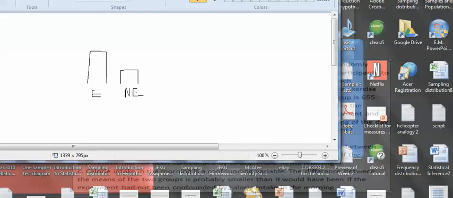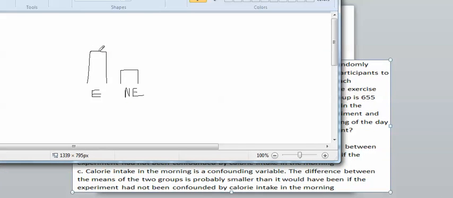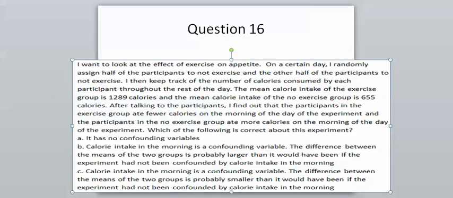So what it's going to do is make the people in the exercise group eat even more, and the people in the no exercise group ate more food in the morning, which means they'll be less hungry and they'll eat less. So the difference in food intake will become even larger. So it's B.